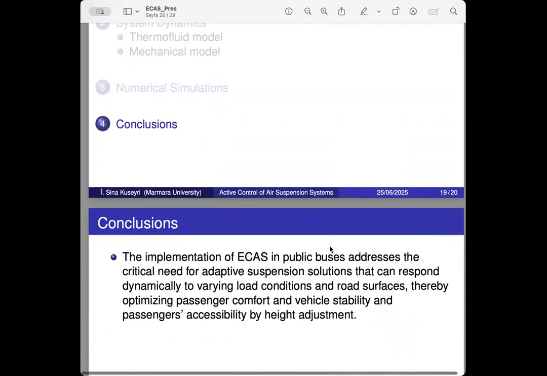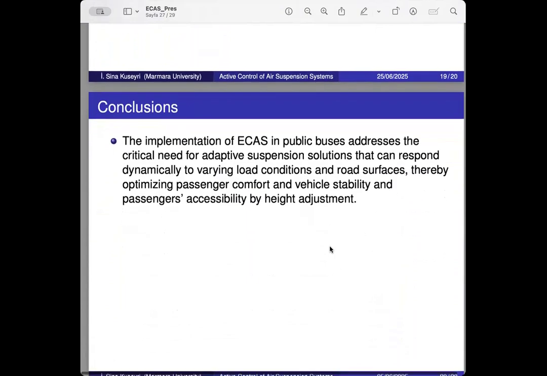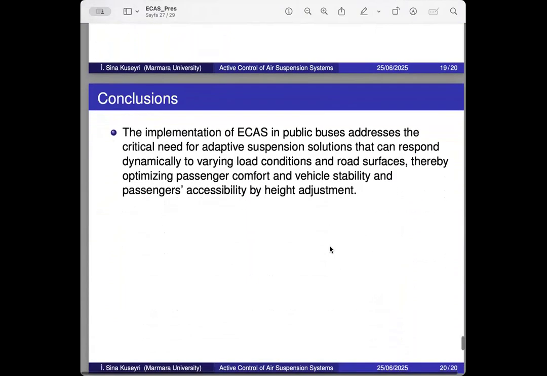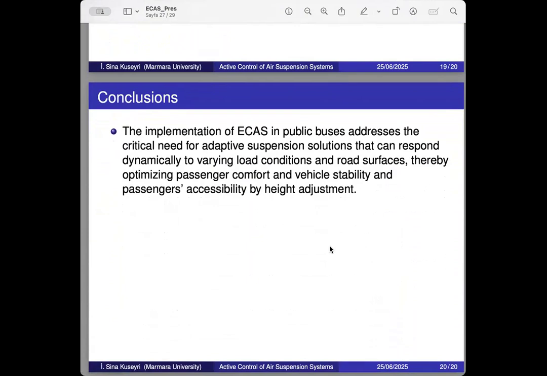Okay, our conclusions of the study: we have seen that the implementation of ECAS in public buses addresses the critical need for adaptive suspension solutions that can respond dynamically to varying load conditions and road surfaces, thereby optimizing passenger comfort, vehicle stability, and passengers' accessibility by height adjustment.